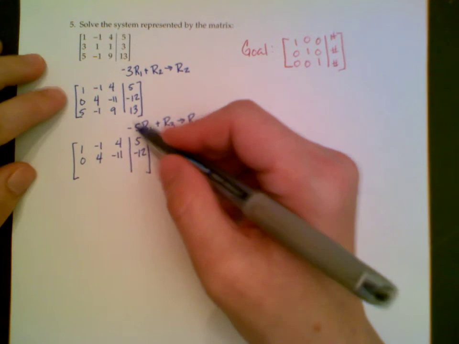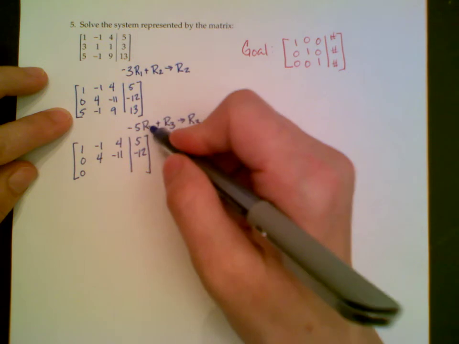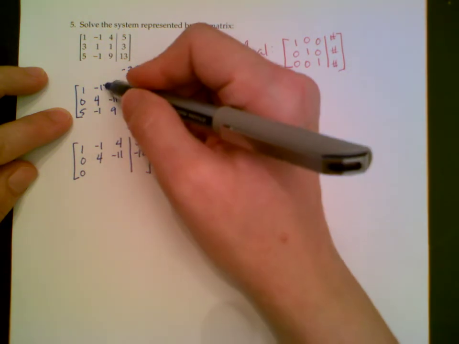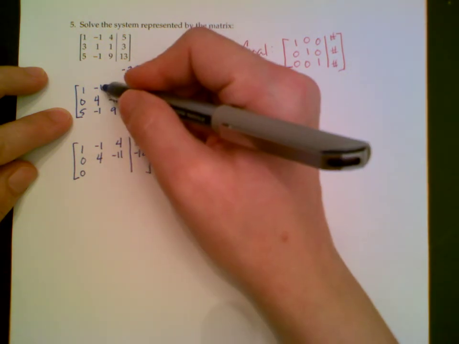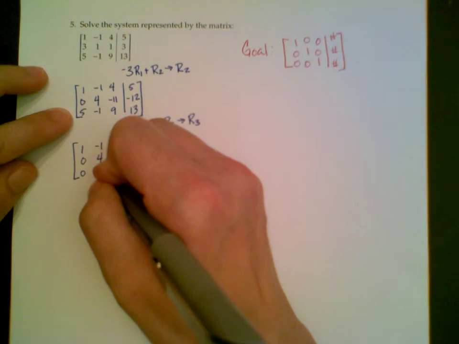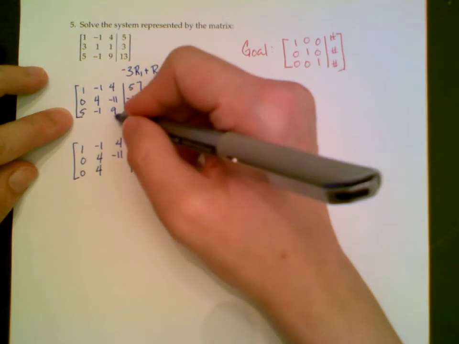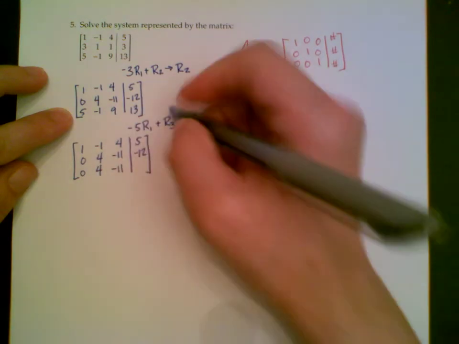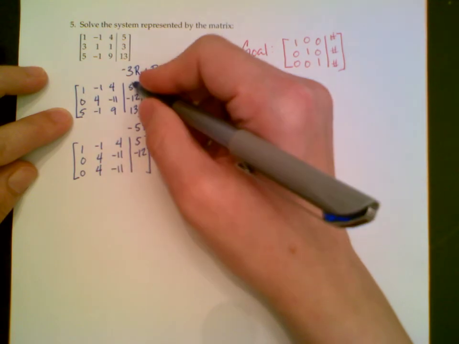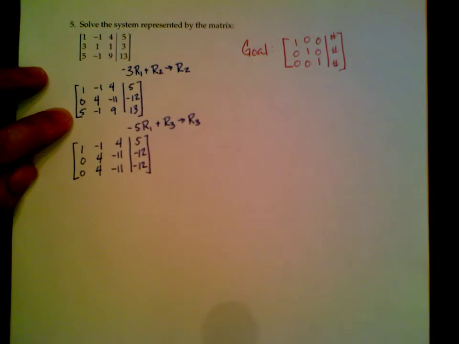So -5 times 1 is -5 plus 5 is 0. -5 times -1 is positive 5, plus -1 is 4. -5 times 4 is -20, plus 9 is -11. -5 times 5 is -25, plus 13 is -12.